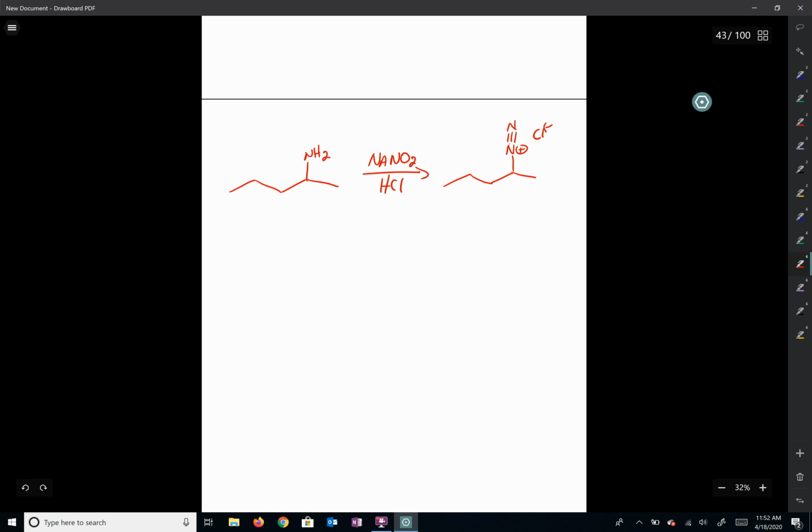But it's really hard to isolate that. We're going to lose the nitrogen very quickly, we end up with a positive charge, and we might have some chlorines around, so we end up generating a carbocation very, very easily this way.